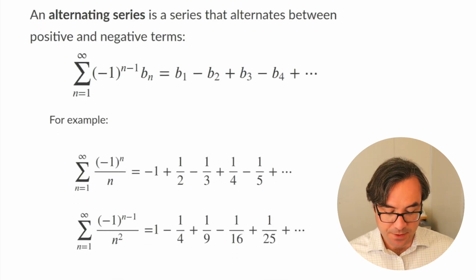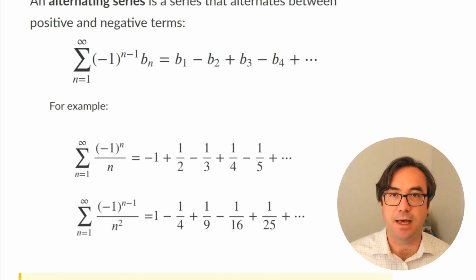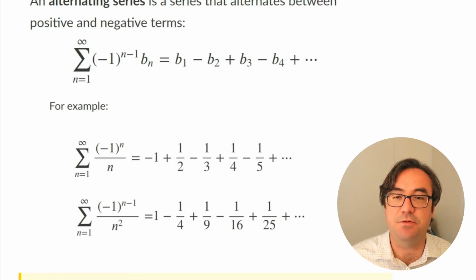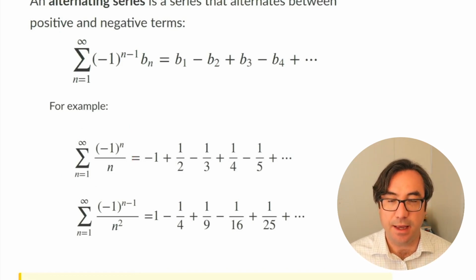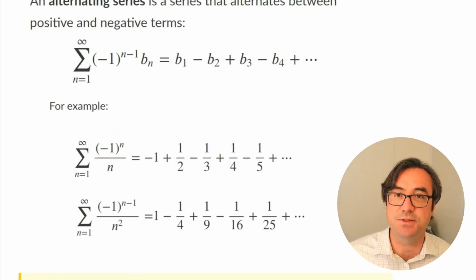A few examples here, these show up a lot of places. The sum from n equals 1 to infinity of negative 1 raised to the power n over n. What we see here is we start negative, then we get positive, then negative, then positive. So we have that alternating piece. Now it's not quite written how we wrote it in the actual test, and that's okay.